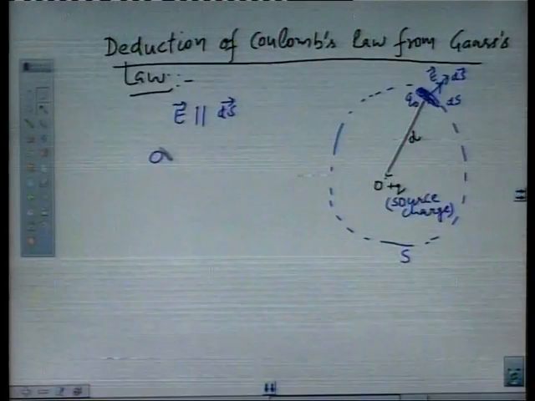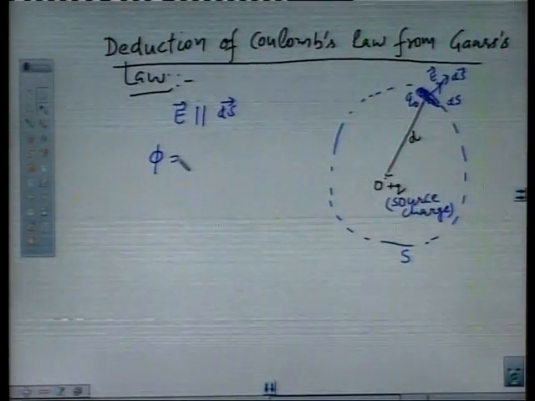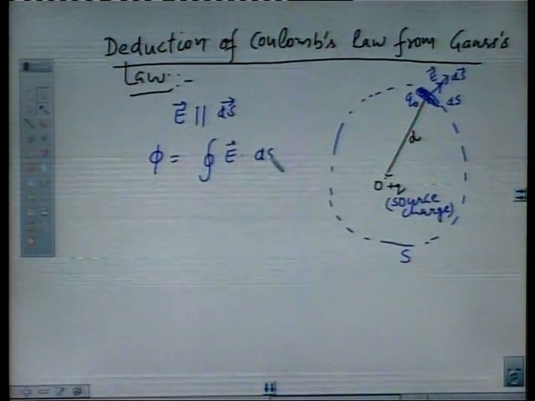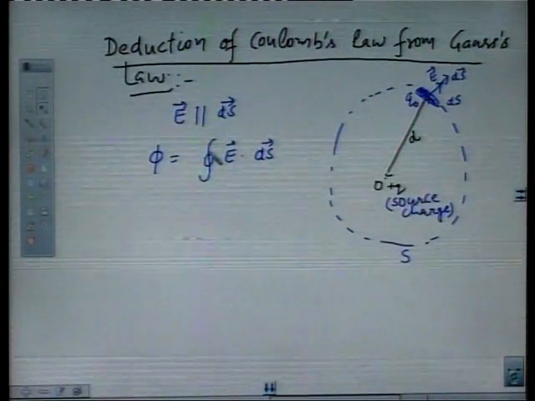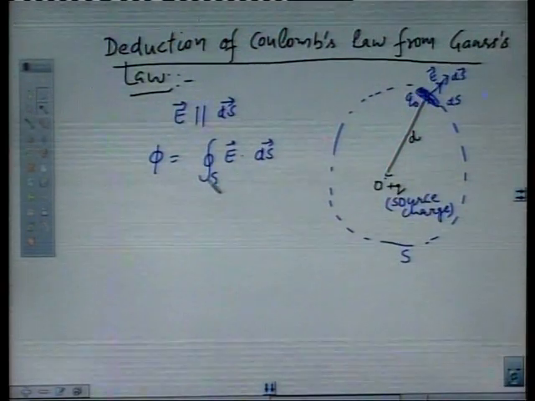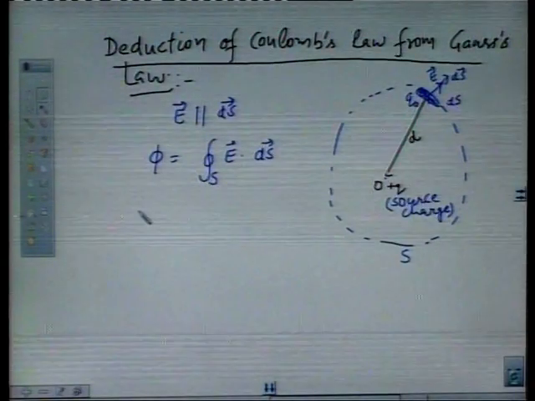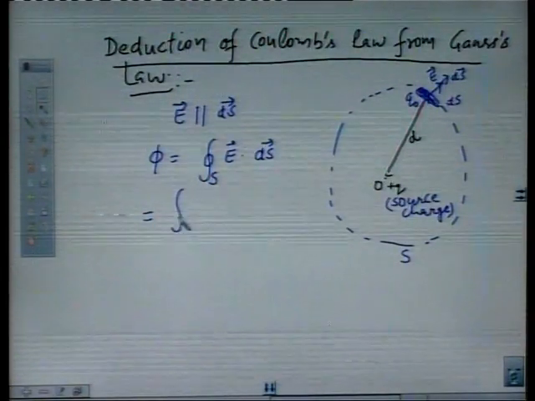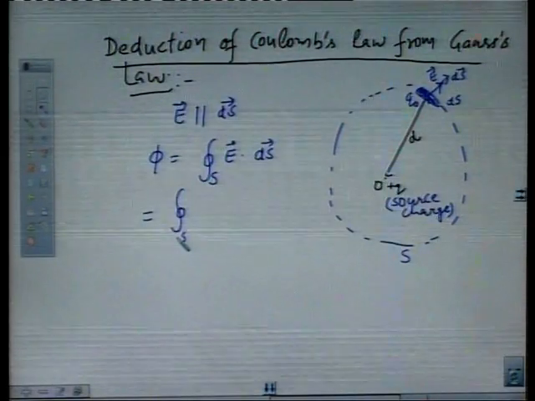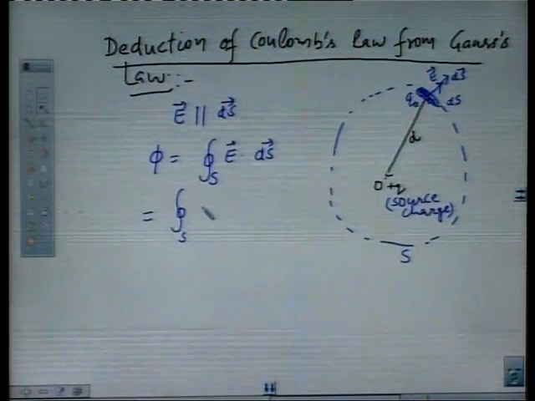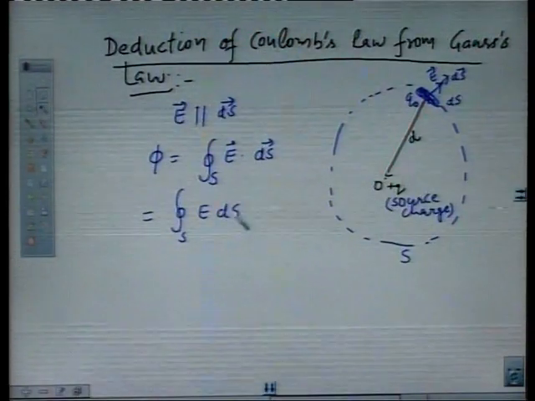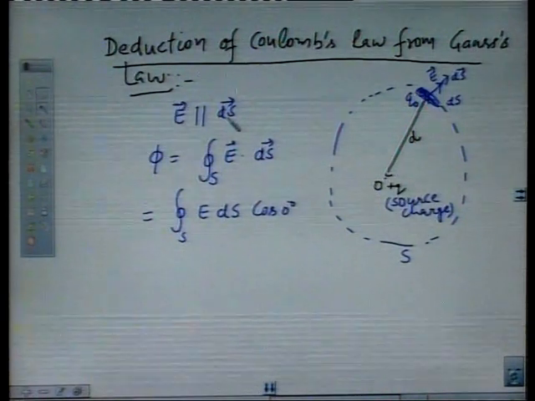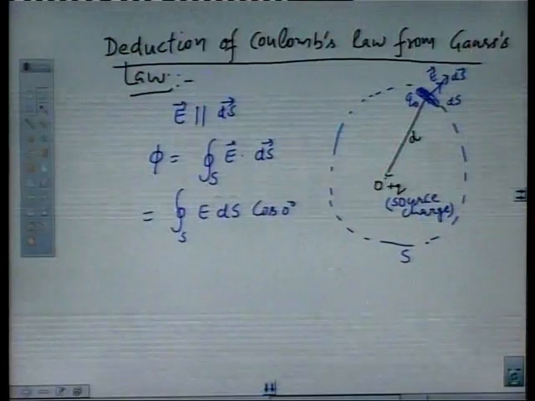Now we know that electric flux phi is equal to E vector dot ds vector and its integration over the closed surface S. So this is equal to integration over the closed surface of E into ds into cos 0 degree, because E vector is parallel to ds vector, so the angle between both is 0 degree.